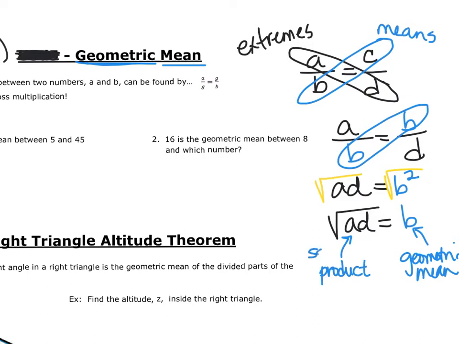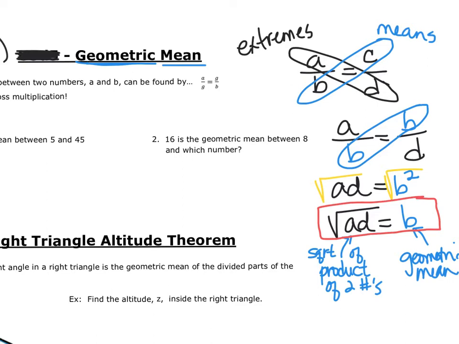So let's see, square root of product of two numbers. All right, so this is the formula where B is your geometric mean between A and D, the other two numbers.